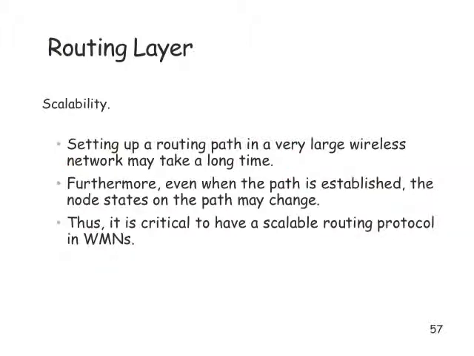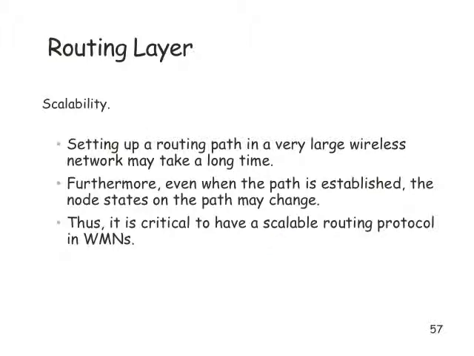Imagine that we have to do this flooding on a very, very large network. See the amount of packets that have to go back and forth. Even for the case of proactive, I have to exchange a huge amount of packets, even if there is no traffic going on. So scalability is another issue.